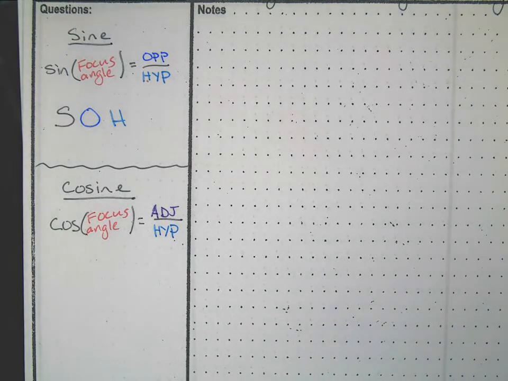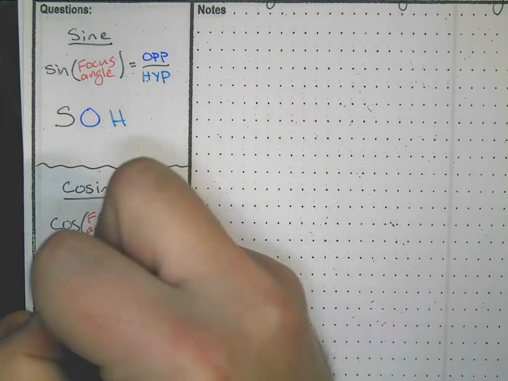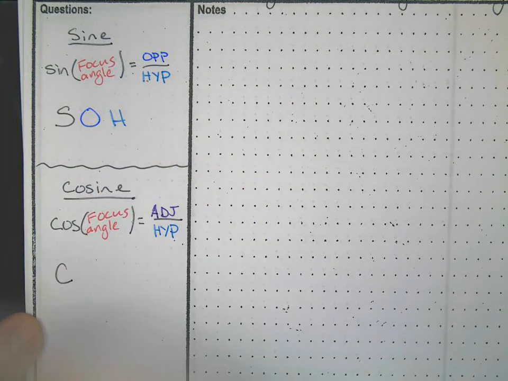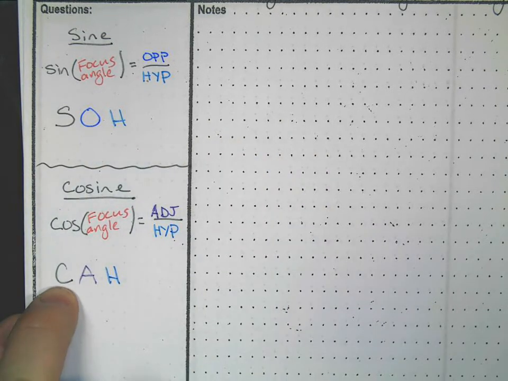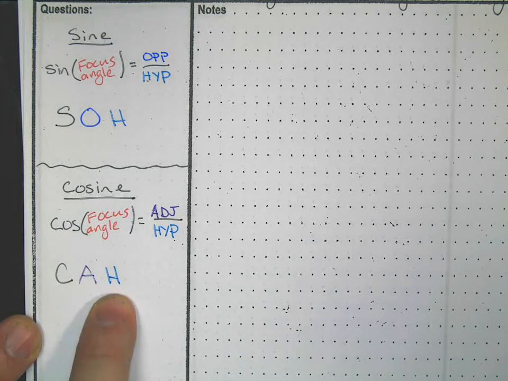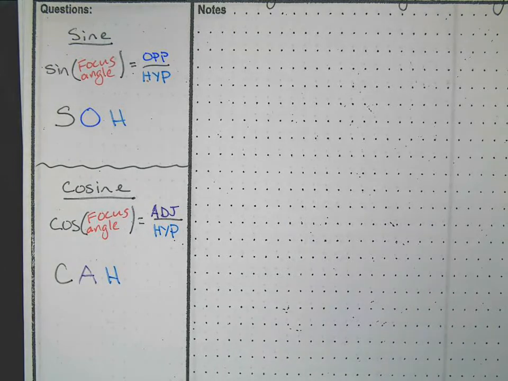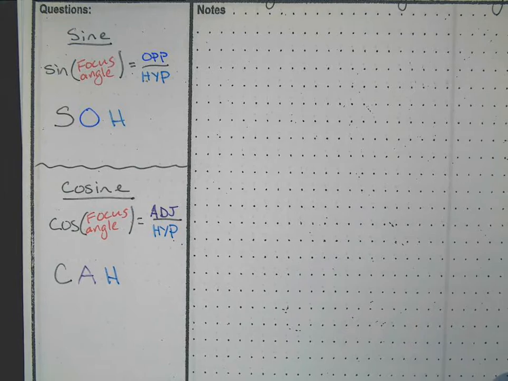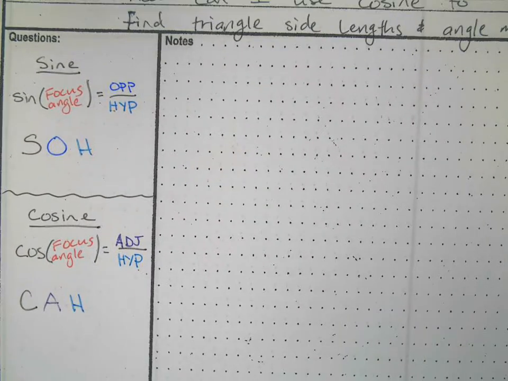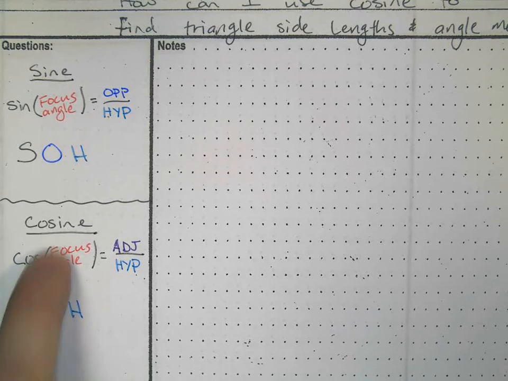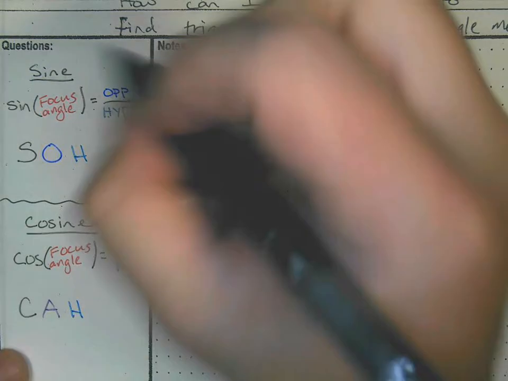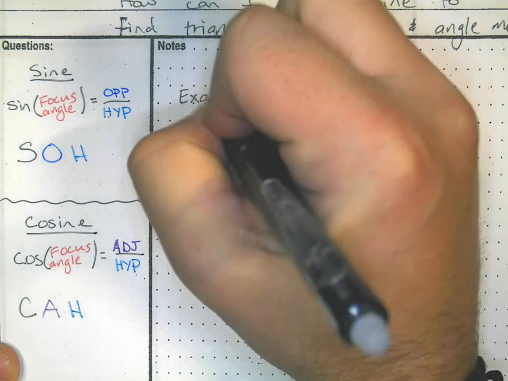And to help us remember this, we'll use CAH: cosine, adjacent, hypotenuse. So today we're going to be focusing on adjacent and hypotenuse. So let's do a couple of examples.